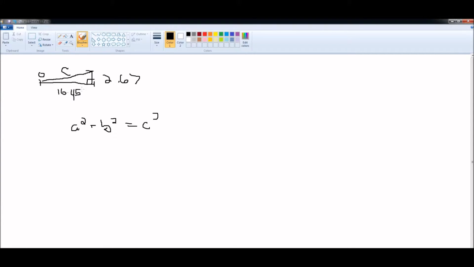We'll do 16.45 squared, which comes out to 270.6. b squared, so 2.67 squared, is 7.13. If we add those together and take the square root, we end up with the hypotenuse being 16.67 meters. So this is the distance that the ball travels in the air, right here on c.